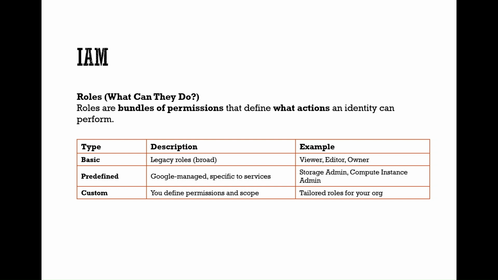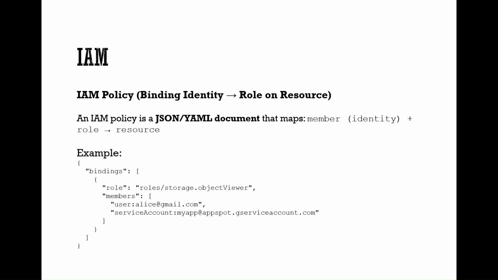Okay, so now let's look into the IAM policy. It's just a simple thing. When you have your identities created, like your accounts, and you bind your identities with some roles, like you have assigned some role to a user, then that whole combination is known as an IAM policy.